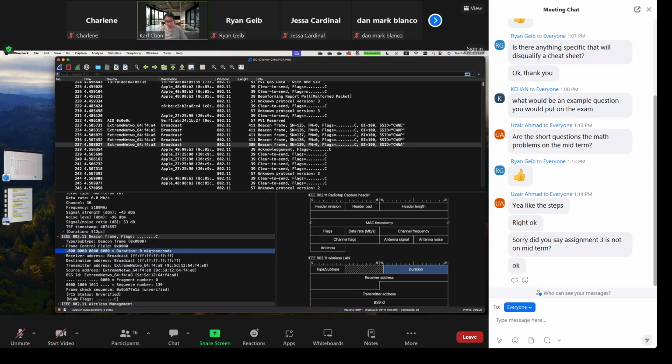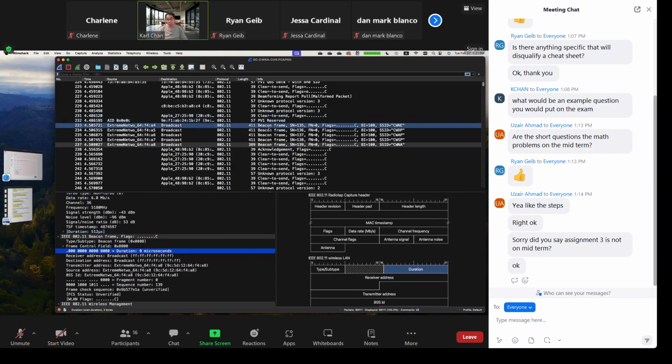The duration field is 0 microseconds. Some of you have answered 0 microseconds in the questions, which is not correct. The actual duration of the frame is 512 microseconds. But why is this duration field 0?